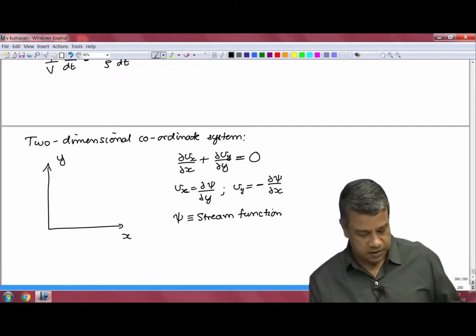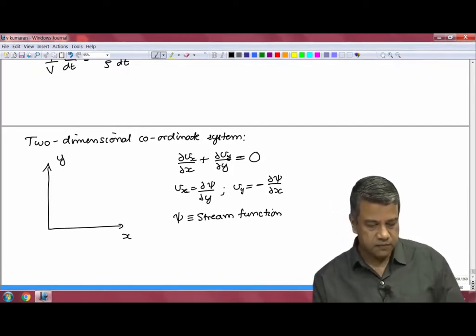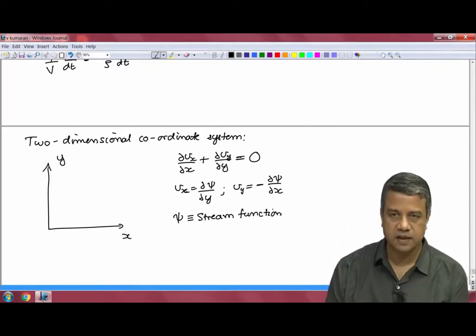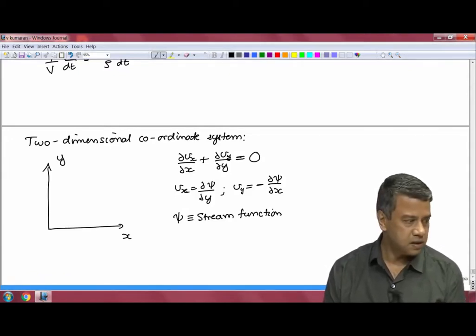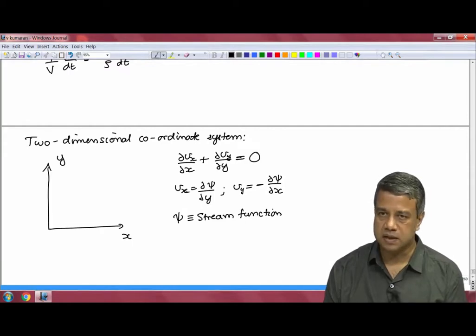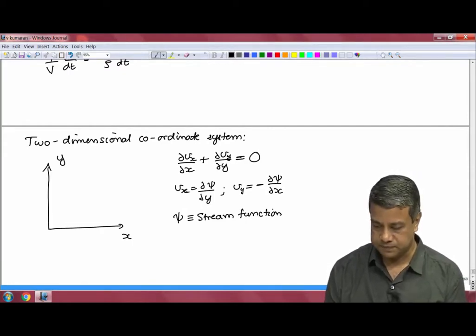Therefore, the definition of the stream function ensures that if I express the velocity in terms of the stream function, the mass conservation equation is identically satisfied.